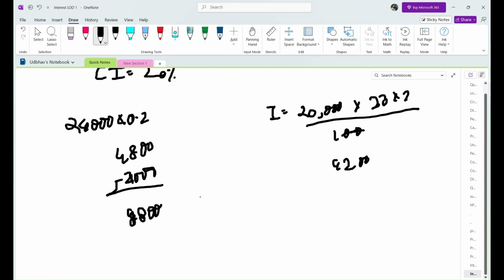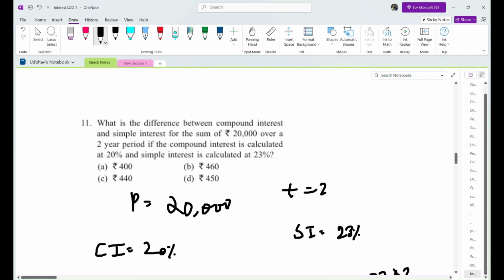So yeah, the compound interest is 8,800 and simple interest is 9,200. So the answer is 400.